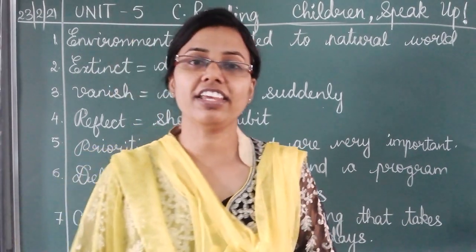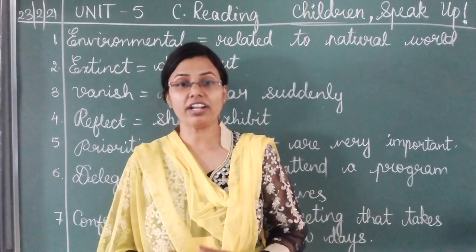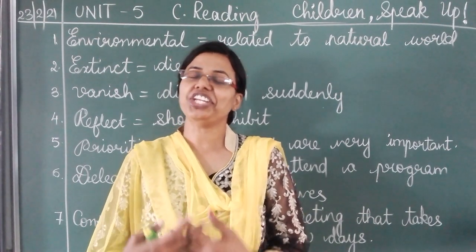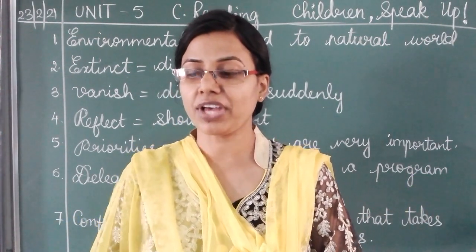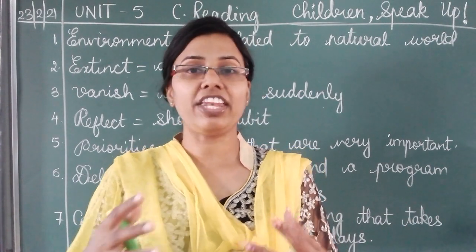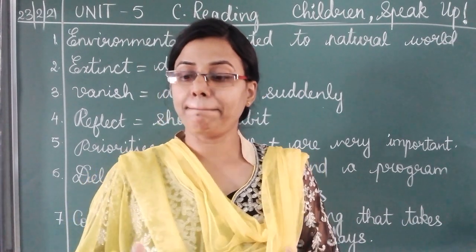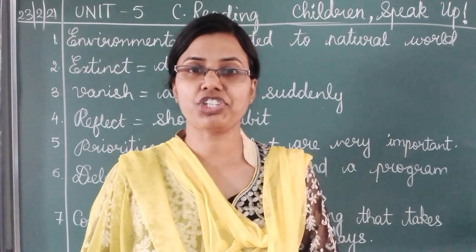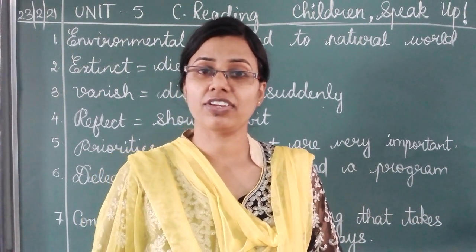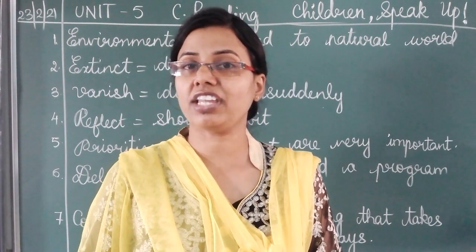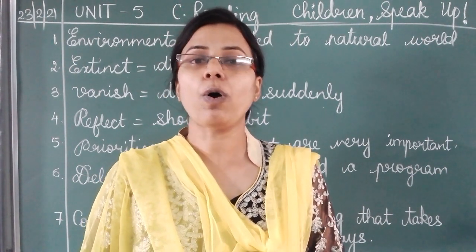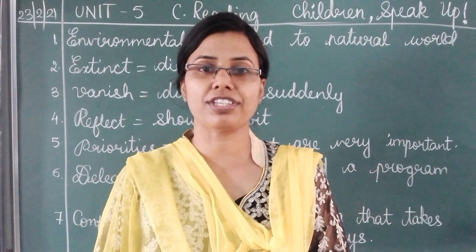So here she tells about her dreams. She dreamt of jungles full of wild animals and rainforests, birds and butterflies. But she is afraid that her children, the younger generation which is going to come, will not be able to see all of these species.